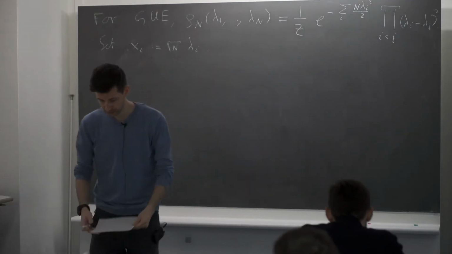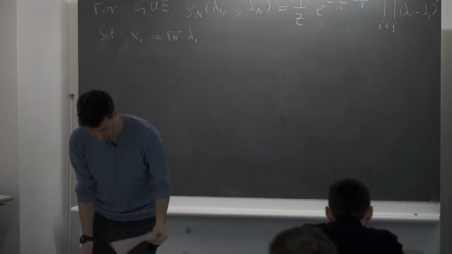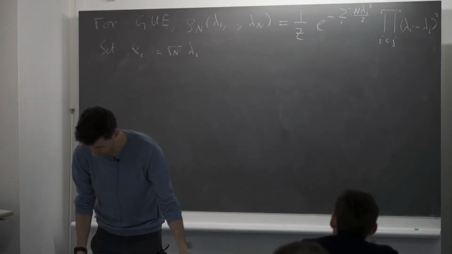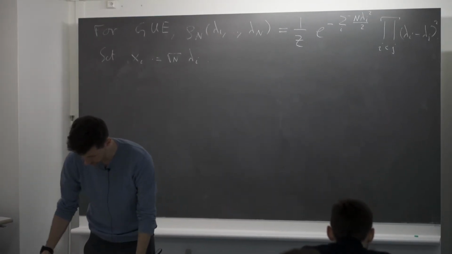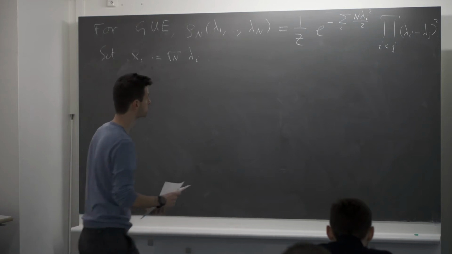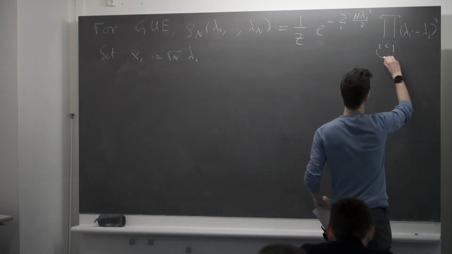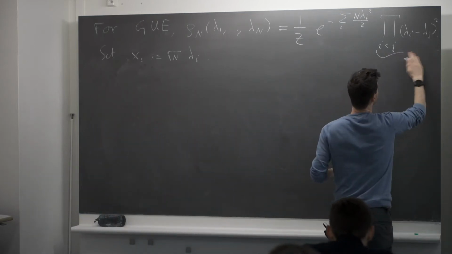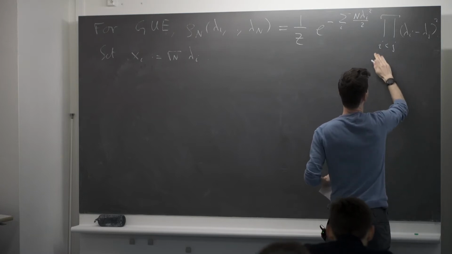So the goal is to analyze this density, and the key observation was one we made last time. There were 2 important observations. The first one was that this is the Vandermonde determinant. In fact, it's not like that, this is the square.